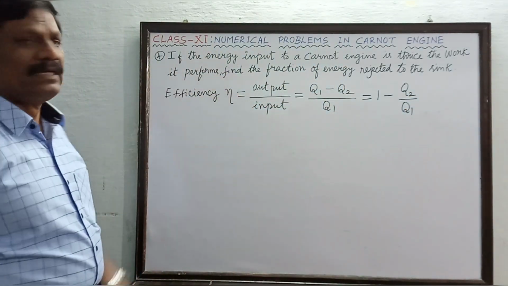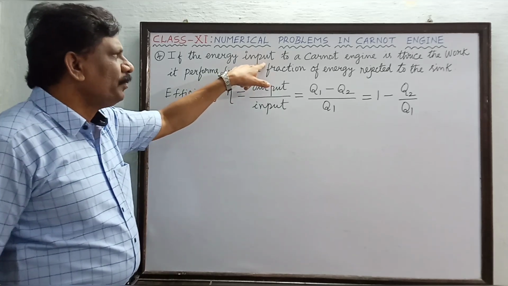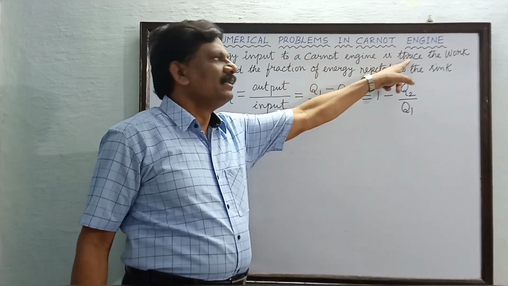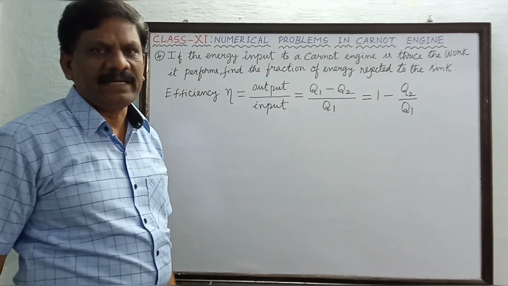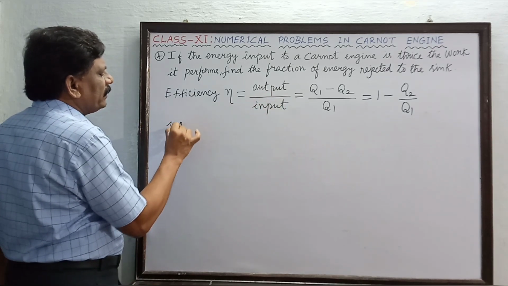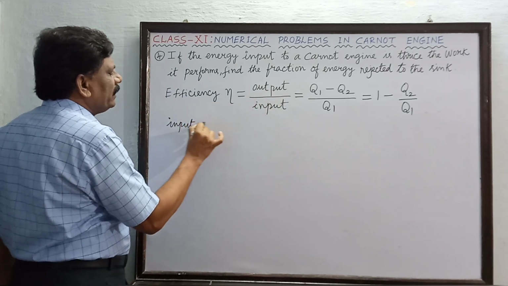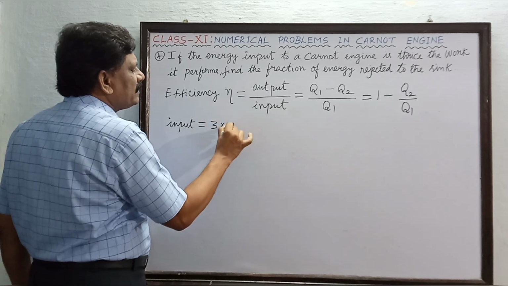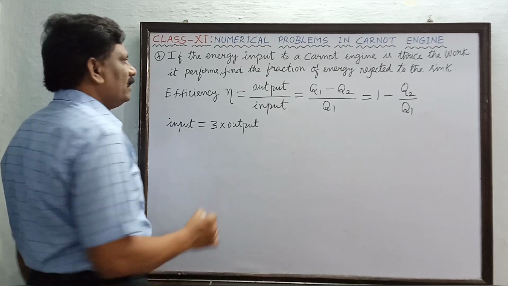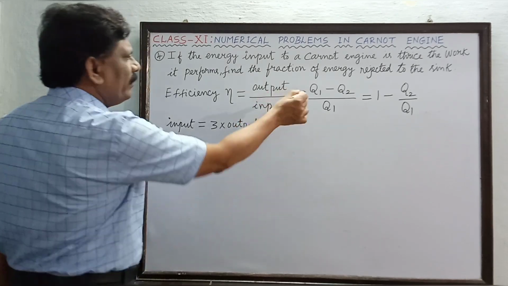Now what is given? The energy input to a Carnot engine is thrice the work done, 3 times. So here it is given that the energy input is equal to 3 times the output. Now we are going to substitute.